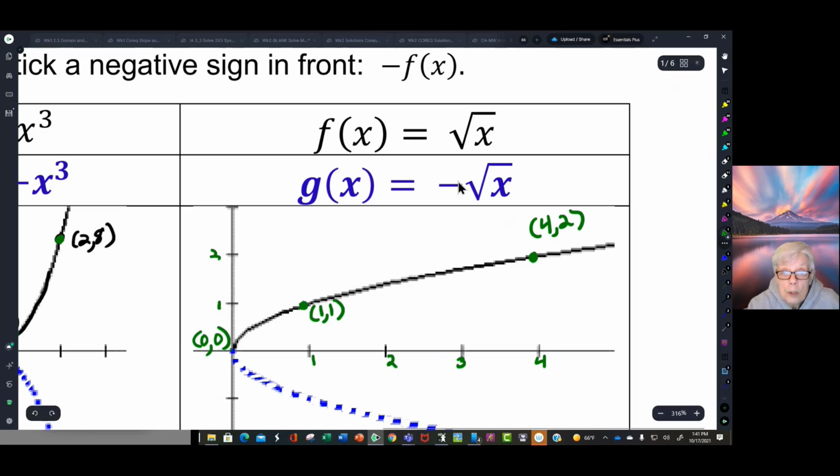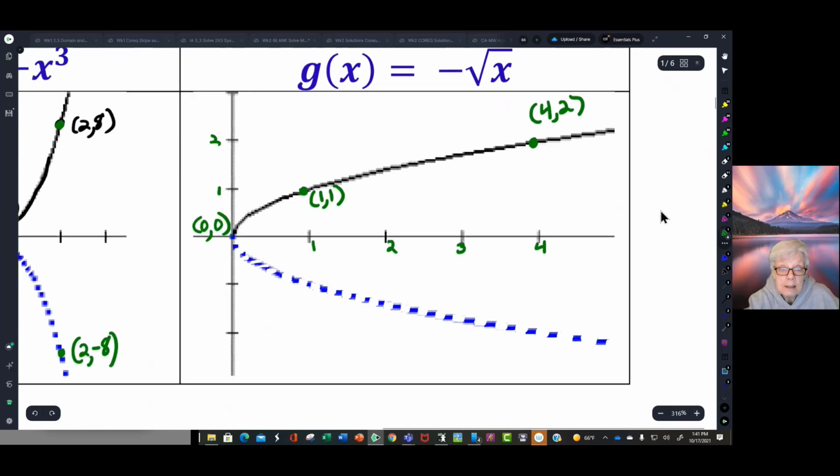All right, now we're going to reflect the basic graph across the x-axis. 0 multiplied by -1 is still 0. But this 1 multiplied by -1 gives us 1, -1.